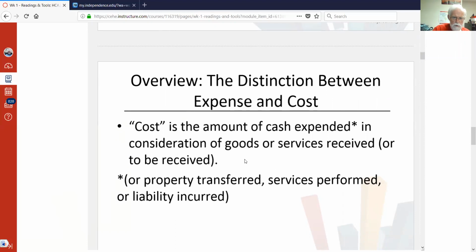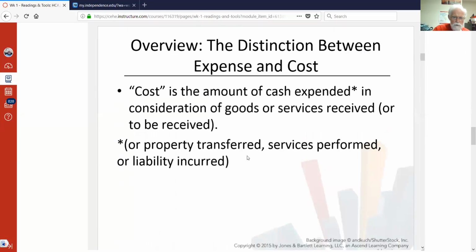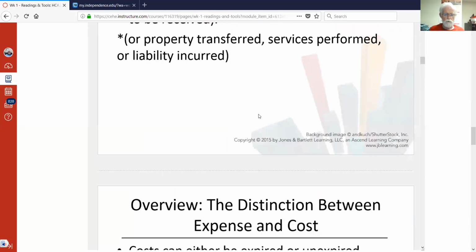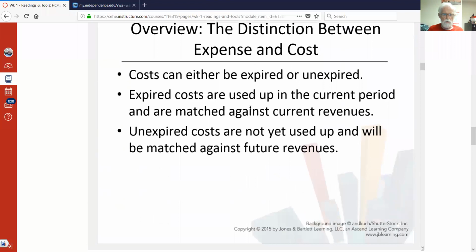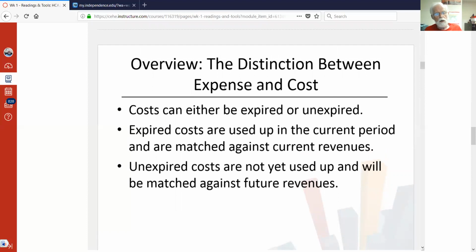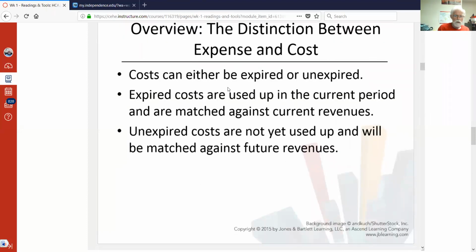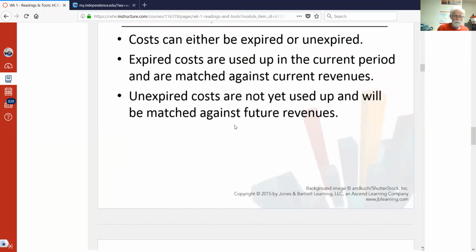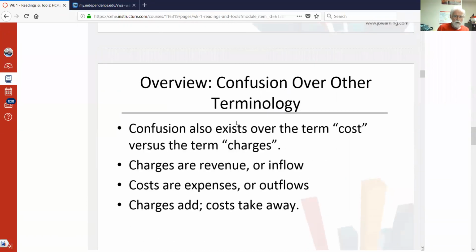The distinction between the expense and cost: cost is the amount expended in consideration for goods or services or property transfer, etc. Expired costs are used up in the current period. So the cost of your mortgage, if you use up the current monthly payment, which is for, say, this month, when you pay it, that's an expired cost. Unexpired, or not used up, costs are matched against there.